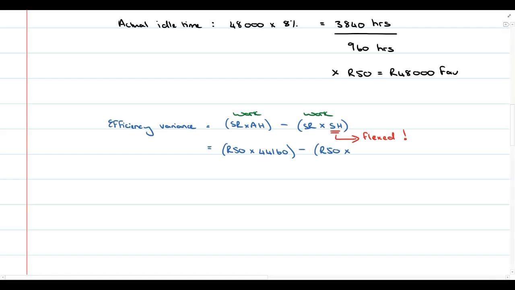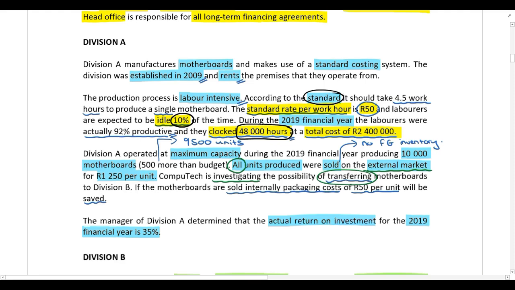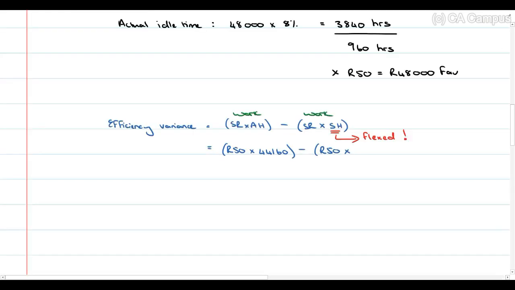So if you go back to the information provided in the scenario, according to the standard, it should take them 4.5 work hours to produce a single unit, and we need to flex that to actual production. So how many units did they actually produce? They actually produced 10,000 motherboards. So according to the standard, it should take 4.5 work hours to produce a single unit. They actually produced 10,000 units, so it should take 45,000 hours.